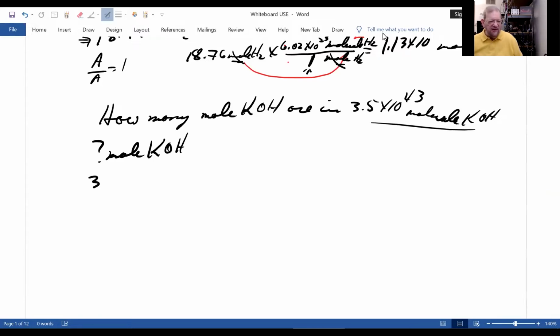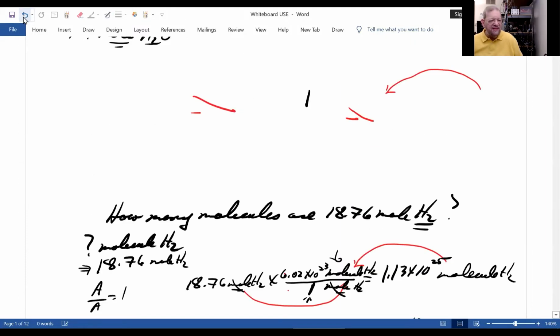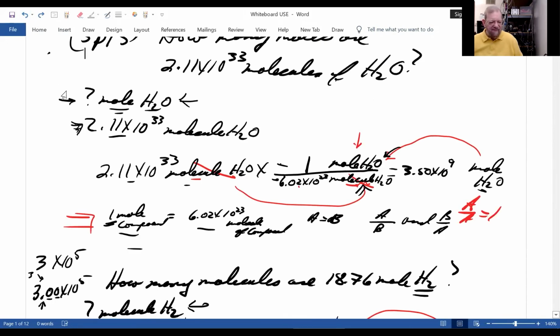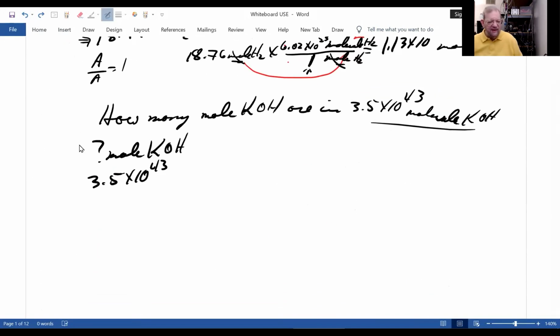What are you given? 3.5 times 10 to the 43rd molecules of KOH. So now you use your good friend, unit analysis.